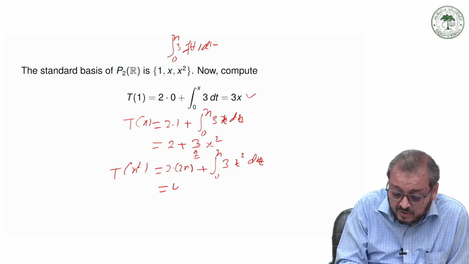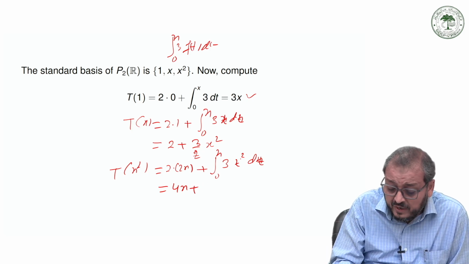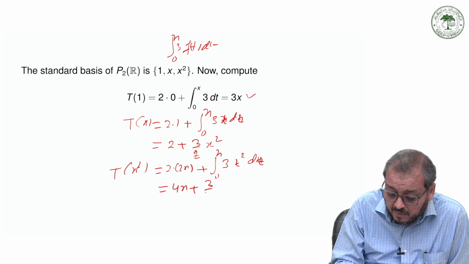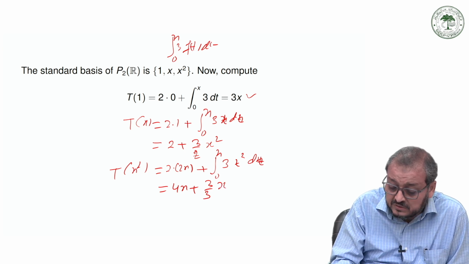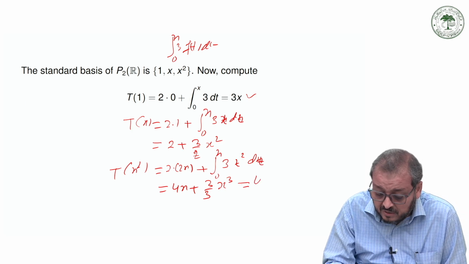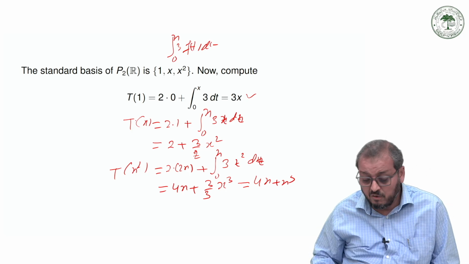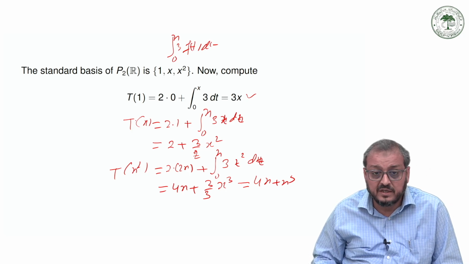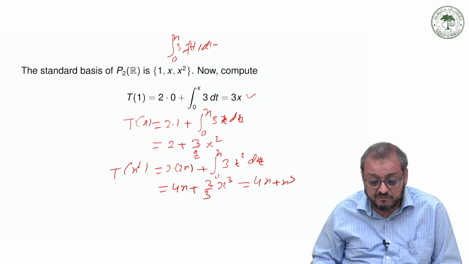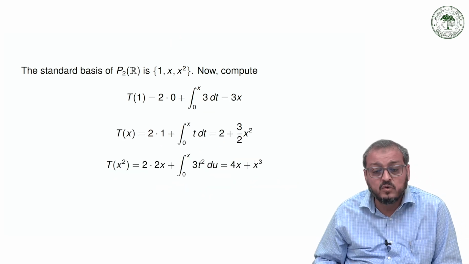This is equal to 4x plus 3 by 3 x to the power 3, so it can be written as 4x plus x cube. So we have calculated all of these, and clearly T of x square is equal to 4x plus x cube.